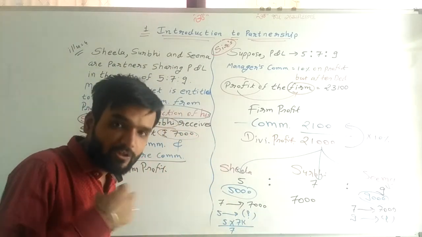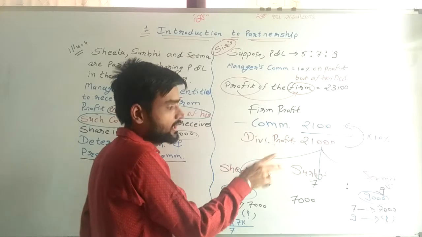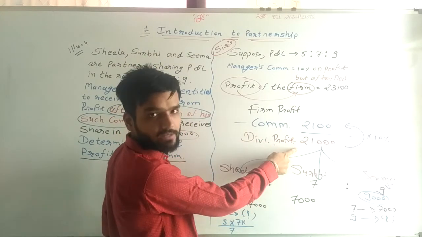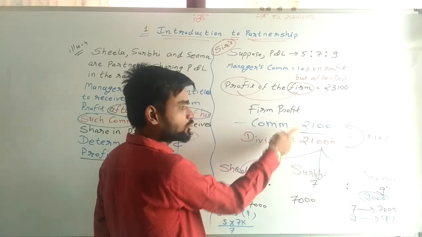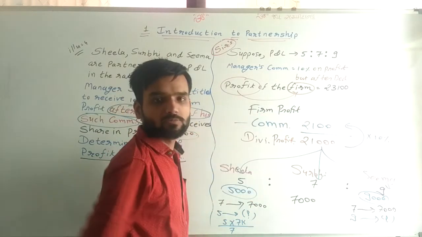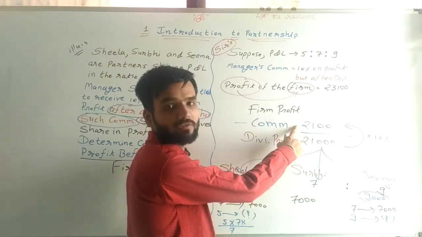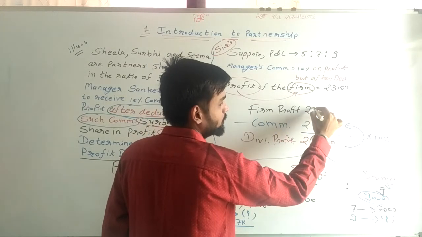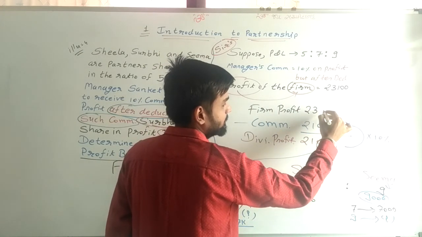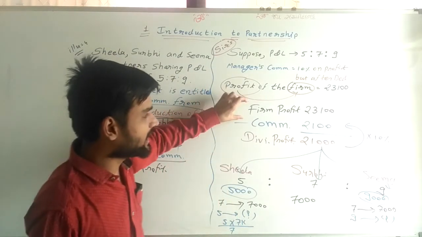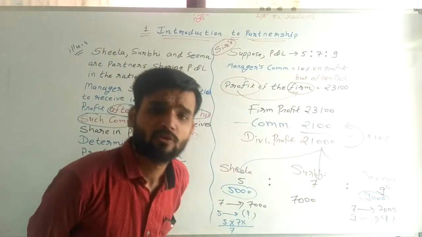And if we need to find firm's profit, it is the total of these two, because from firm profit we deduct commission and get divisible profit. If we make the total of these two, we get firm's profit. So make the total: 21,000 plus 2,100. The answer is 23,100 rupees. That is my firm's profit.